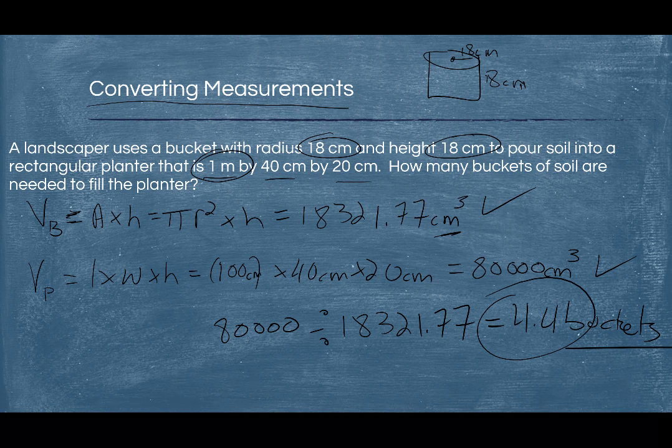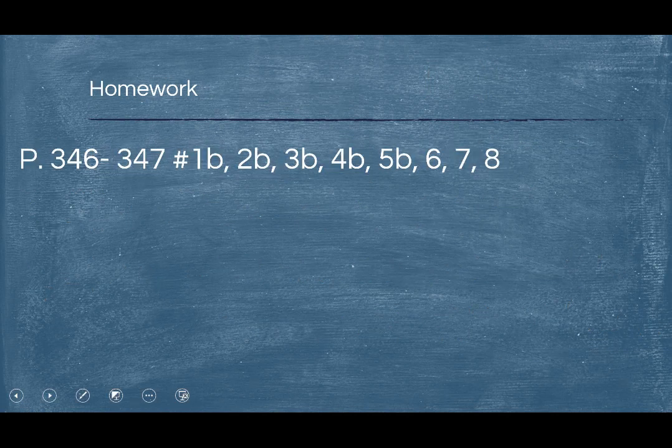So that's the type of thing you're going to be dealing with today, just plugging numbers into formulas and getting answers. All right. So for numbers 1, this is on page 346, 347, section 6.1. For numbers 1, 2, 3, 4, and 5, there's like an A through D or A through F or something like that.